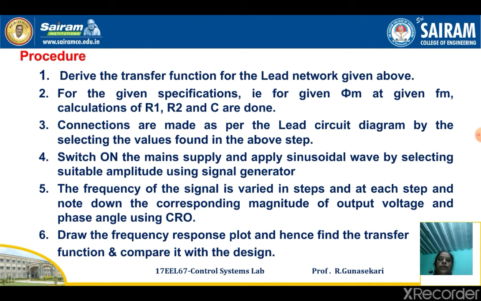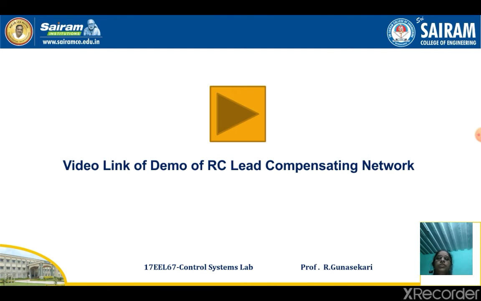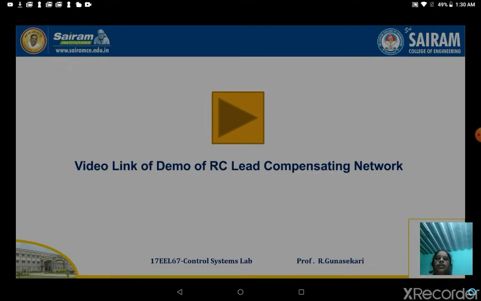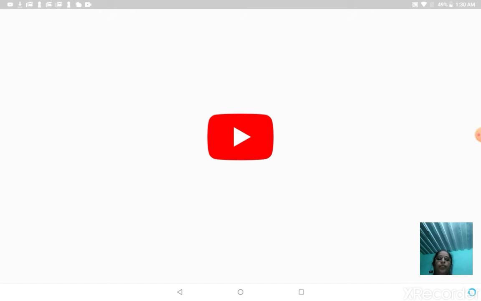First draw the graph of frequency versus phase angle phi, then frequency versus gain in decibels. This is the video link of the demo of the RC lead compensating network. You have to touch this link and it will open, then you can see the video of how to conduct the experiment.